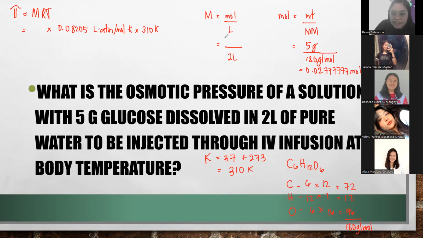Ayan. And then, ilalagay natin yan dito to get the molarity. So, 0.027777 mole divided by 2 liters is 0.0138. This is continuous na 8 moles per liter.